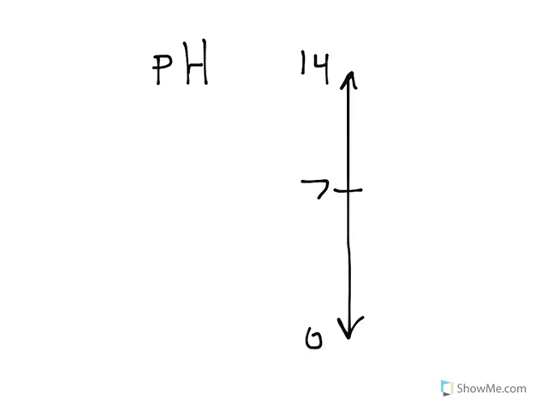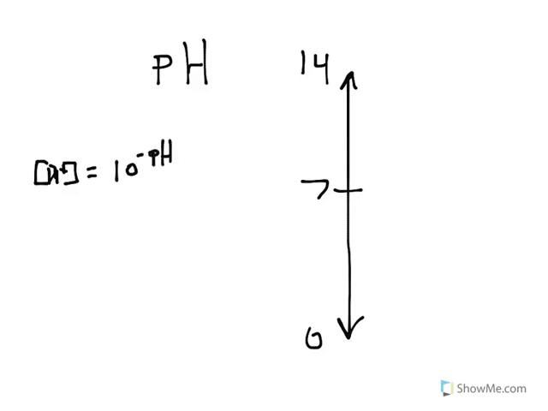Something I always want to get started with is understanding that pH deals with hydrogen ion concentration. Those of you in my MP1 lecture know that the concentration of hydrogen ions is 10 to the negative pH.